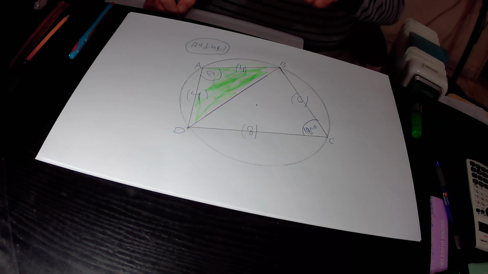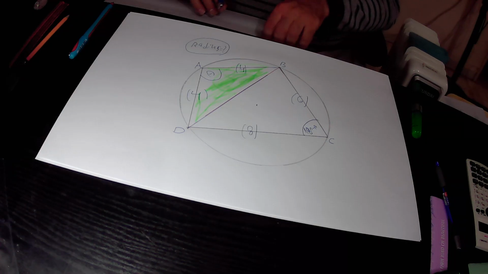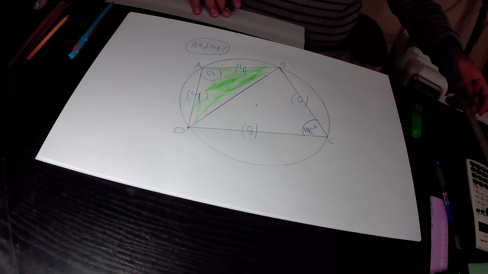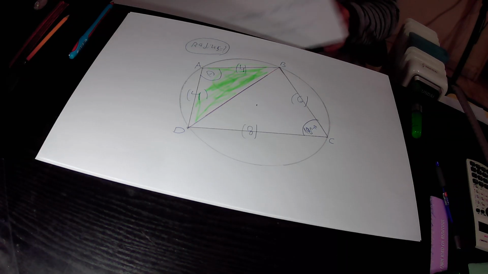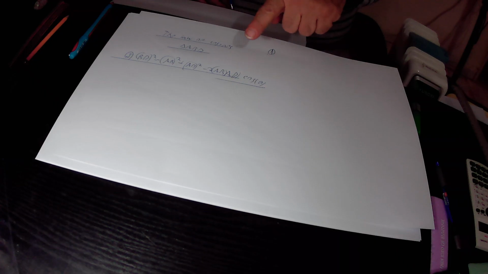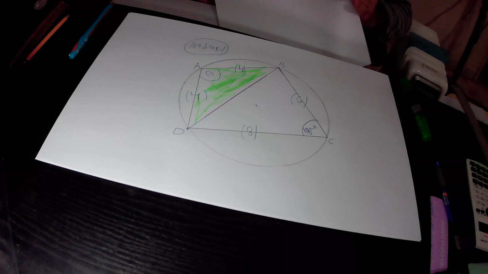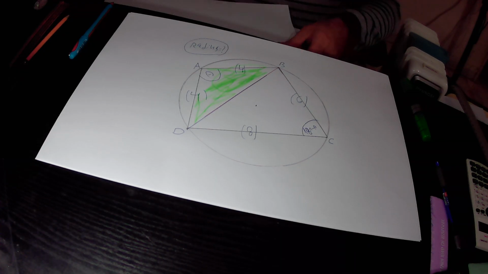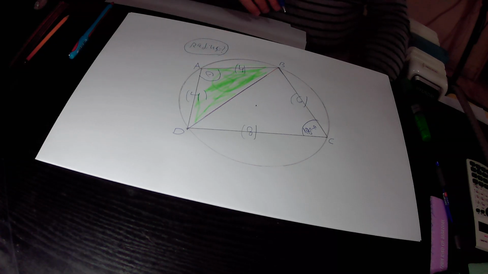Again, in this triangle ABD according to the law of cosines, the following equation is true. BD squared equals AB squared plus AD squared minus 2 times AB times AD times cosine theta. This equation is the implementation of the law of cosines in the given triangle ABD. BD is the missing side, so leave it as it is.